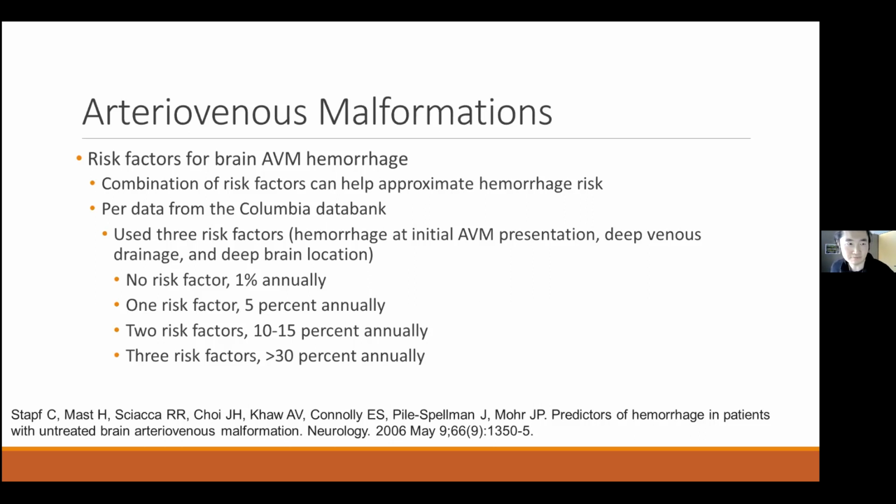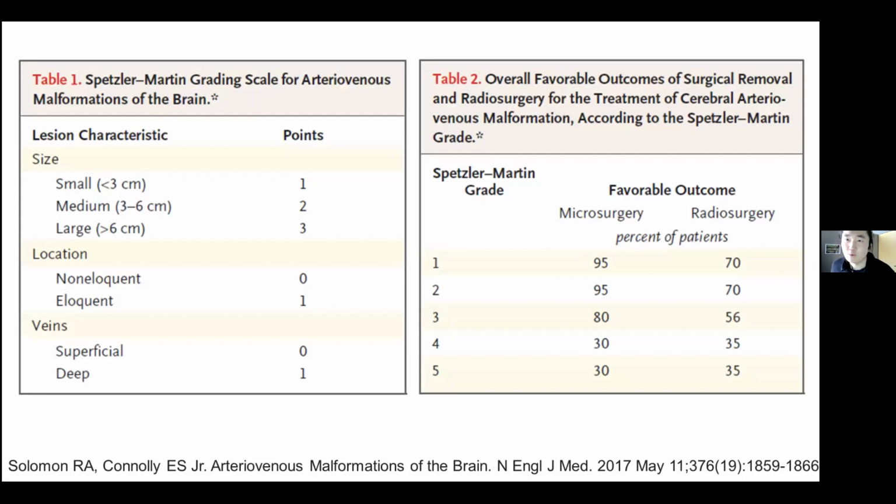On the left, table 1 is the well-known Spetzler-Martin grading scale, which helps classify the risk of AVM intervention by AVM size, and makes differentiations based on whether the AVM is in an eloquent versus non-eloquent brain area, and whether deep venous drainage is present. They defined eloquent areas pretty intuitively: an area in the cortex involving sensory motor function, visual function, or language function.